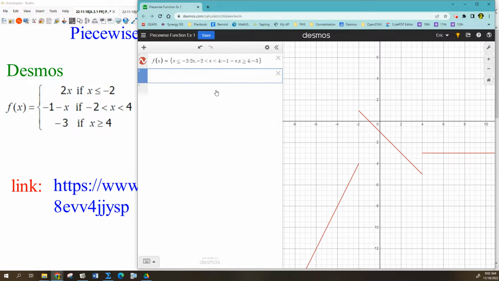All I've got to do is go down here, and I've already defined the function. So I'm going to input the boundary values, right? The ones at the values of X where we switch pieces. So like -2 is one of them, agreed? -2 is one of the places where we're changing from, in this case, top to middle, right?